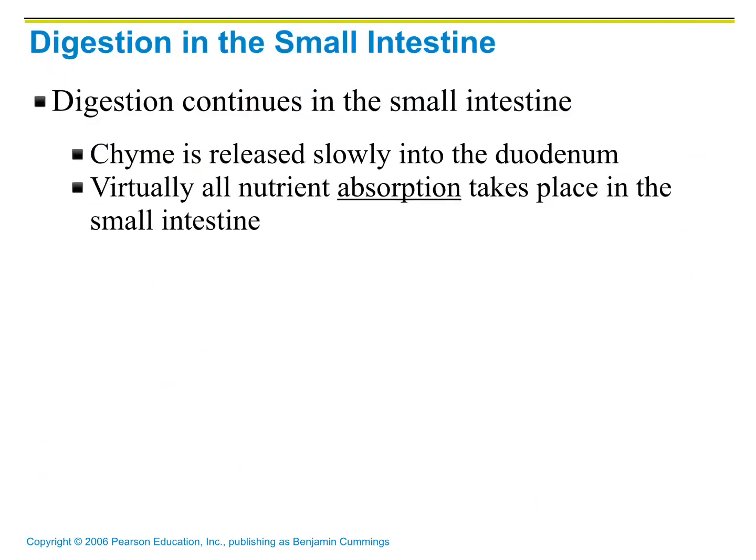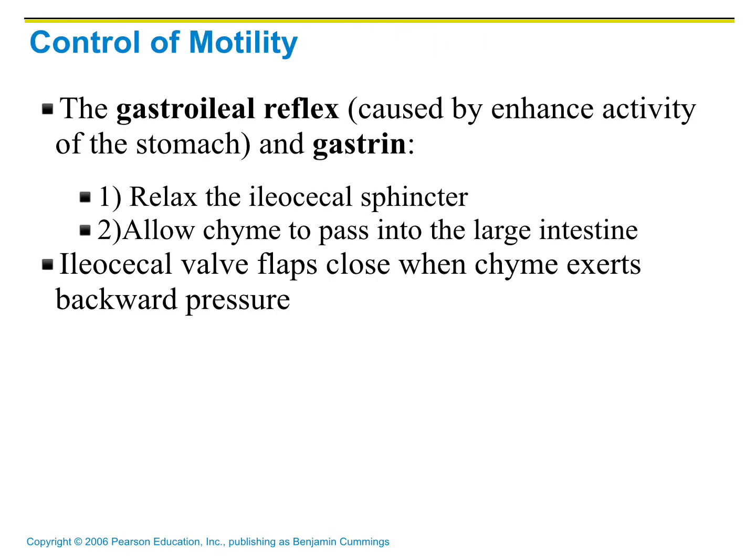As I said a few times in this chapter, most nutrient absorption, almost all of it, takes place in the small intestine. So there's a reflex. When we put food in the stomach, we secrete gastrin, which is a hormone, but also the presence of food in the stomach triggers this gastroileal reflex. That reflex is caused by the activity in the stomach, and the hormone gastrin, which increases gastric secretion.